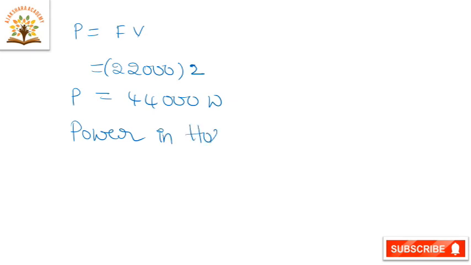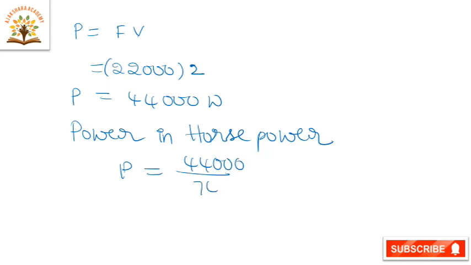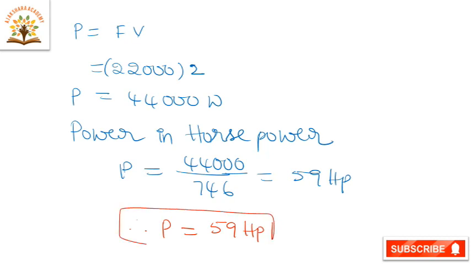So power in horsepower, P is equals to 44,000 by 746. After division we are getting 59 HP. So P in horsepower is equals to 59 HP. This is the final answer. Okay. Next we will go to the next question.